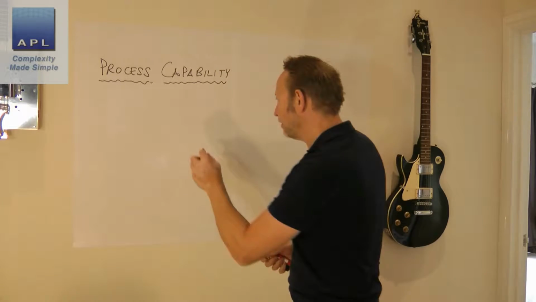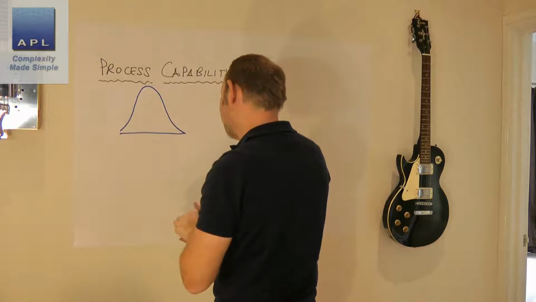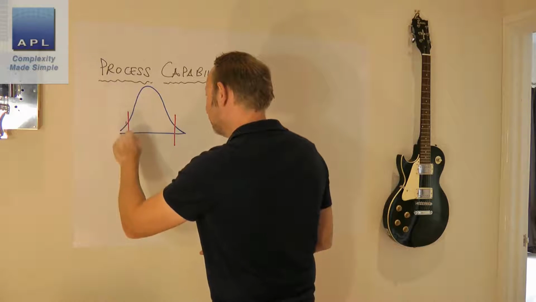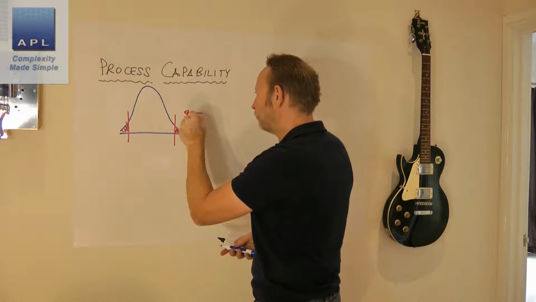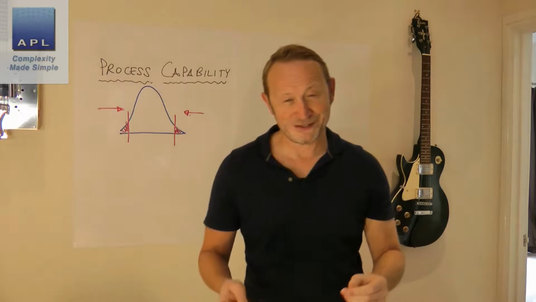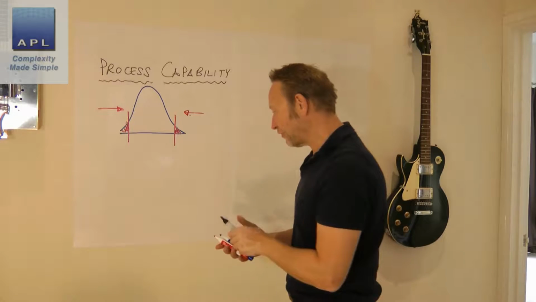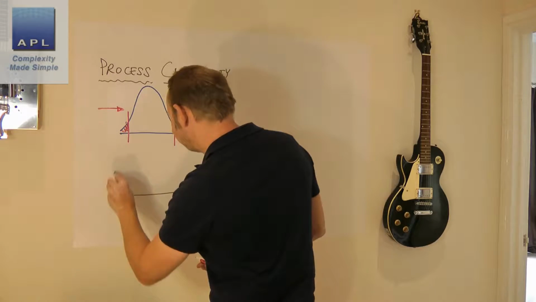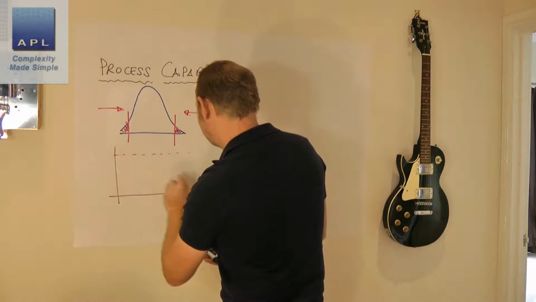The particular pattern that you're going to see in your process capability looks like this. And what you're trying to do, of course, is squeeze that shape in. If you were looking at that on a graph, the graph would typically look like this.